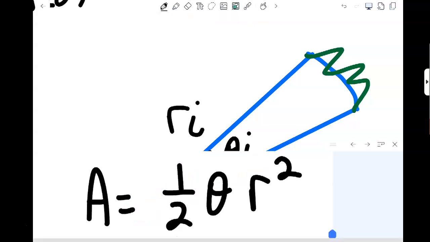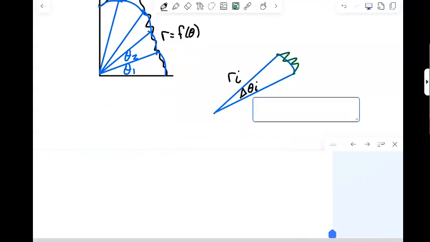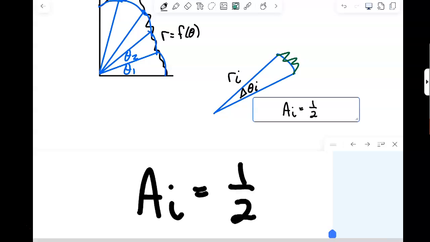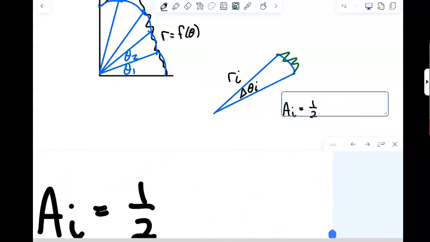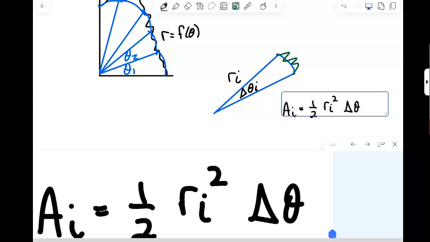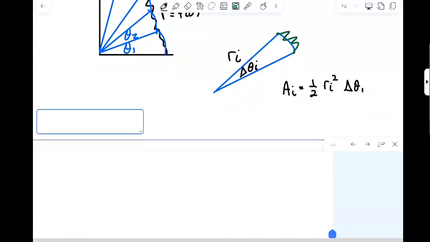So our approximation would be that A sub i, the area for the ith sector, is just 1/2 the radius r sub i squared times delta theta i. We then add all those up, which would turn it into a sum. We take the limit as the size of the largest subinterval goes to 0, which would transform this into an integral.